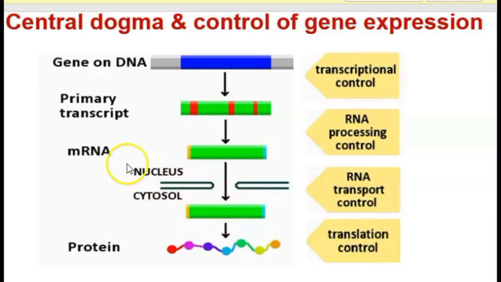So at this place now, the messenger RNA, look at it now. Transcriptional control, RNA processing control, then RNA transport control means it has been transferred from the nucleus into the what? The cytosol. Then at this point, we don't have transcription again. What we have here is what? Translation.